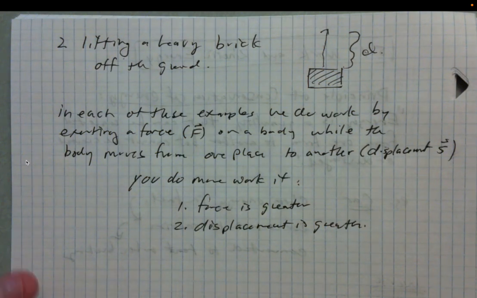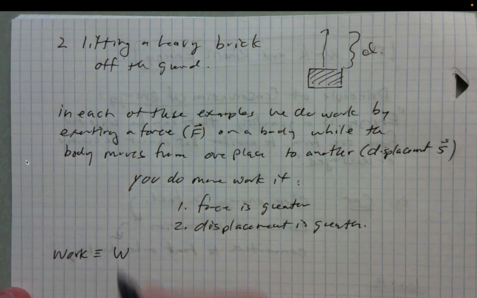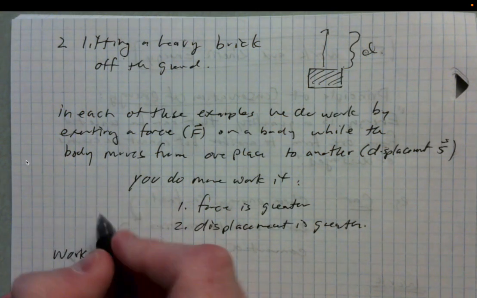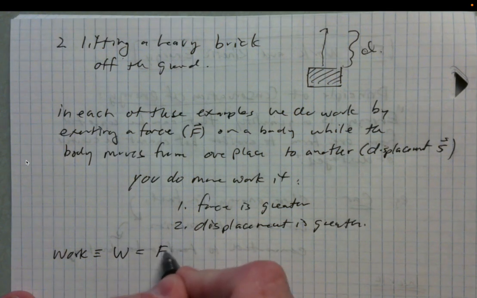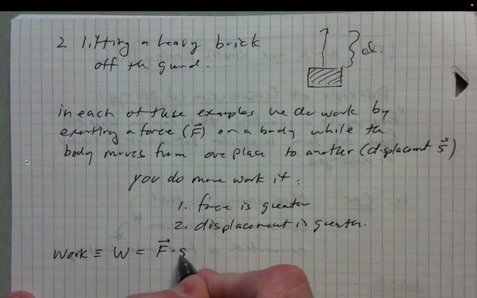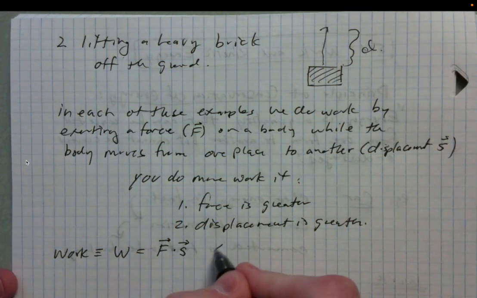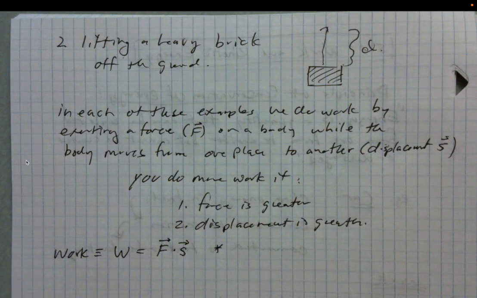Okay, and so what is work then? Work, we denote with a W, is just equal to the force as a vector times the displacement. Okay, so that's sort of the way we think about work, right? And we'll get into some complexities of this definition, but just in general, think about it as force times displacement.